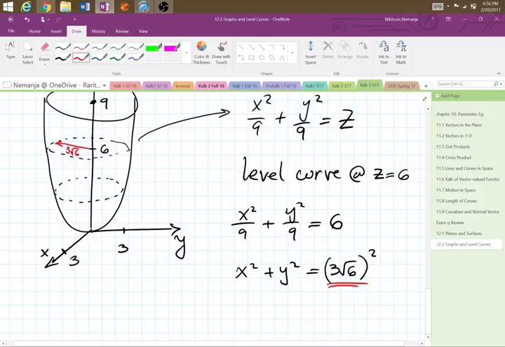Applications, plug numbers in. So when we were doing x squared plus y squared equals some number, I think you said this already, that's a level curve for a sphere.